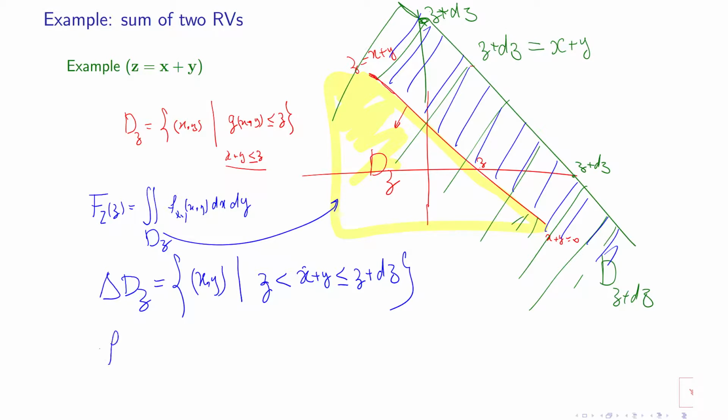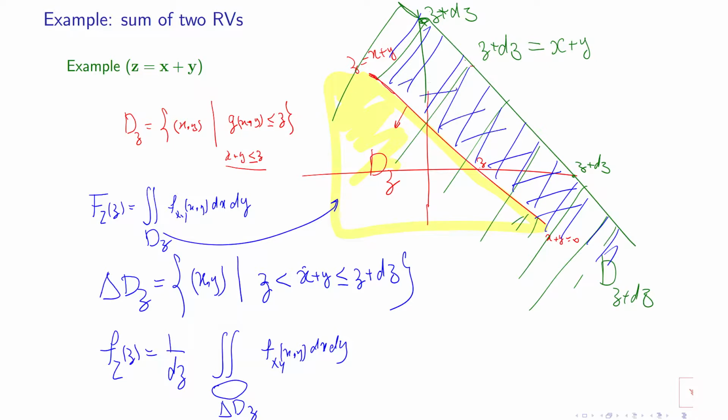And the PDF f_Z of z is equal to 1 over dz, and then again a double integral over this blue shaded area of the joint PDF f_XY of x and y dx dy, where this area is delta Dz, so you have to integrate over this blue area.